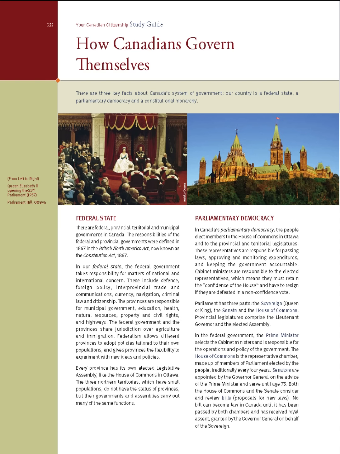Senators are appointed by the Governor-General on the advice of the Prime Minister and serve until age 75. Both the House of Commons and the Senate consider and review bills, proposals for new laws. No bill can become law in Canada until it has been passed by both chambers and has received royal assent, granted by the Governor-General on behalf of the Sovereign.